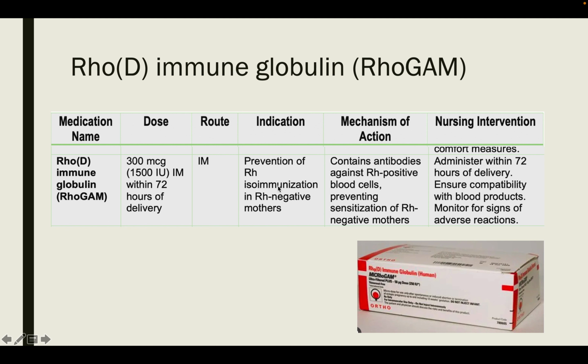And we all know the indication is to prevent Rh immunization in an Rh-negative mother, especially if the baby is Rh positive. So we know the physiology behind that already. It's an antibody that prevents the sensitization of Rh-negative mothers.